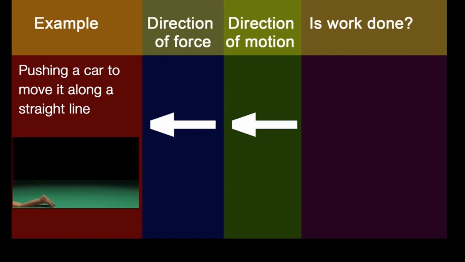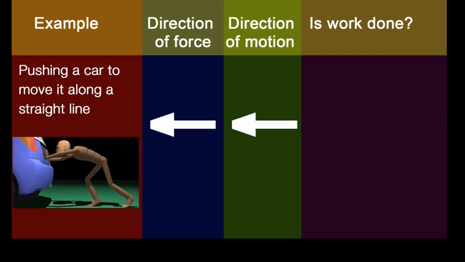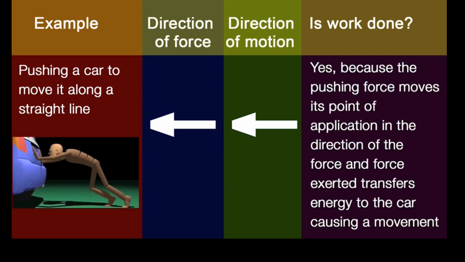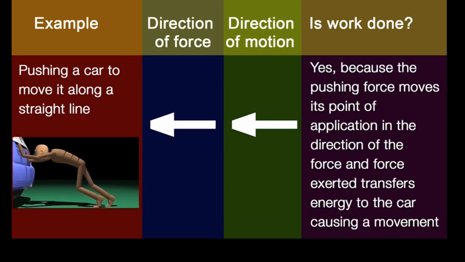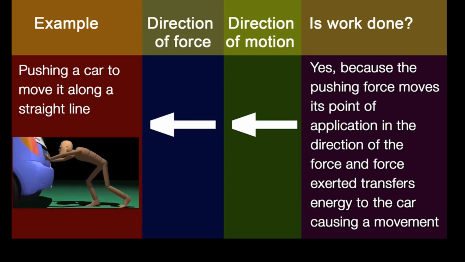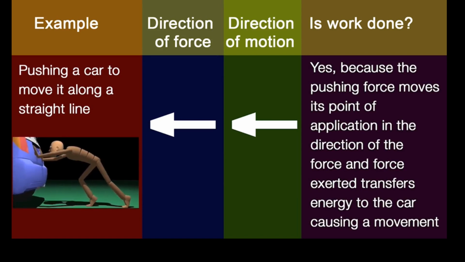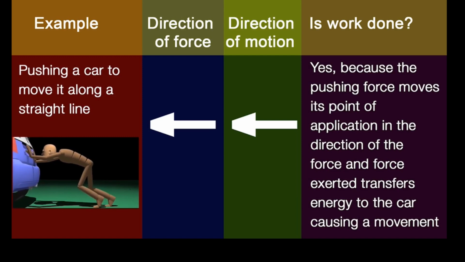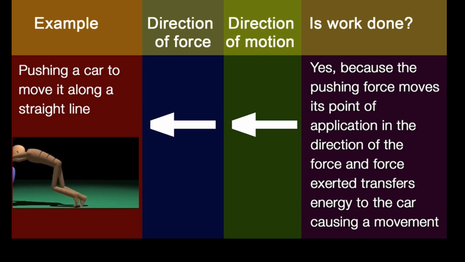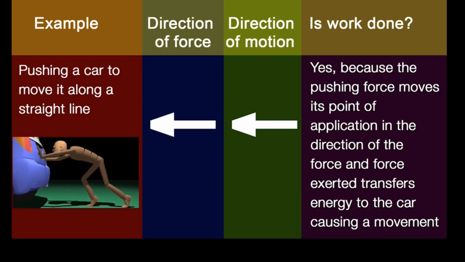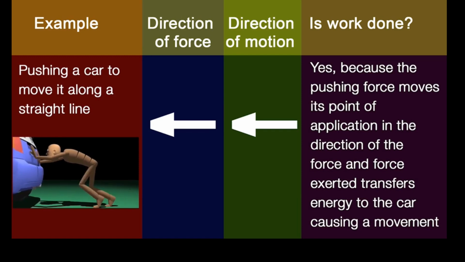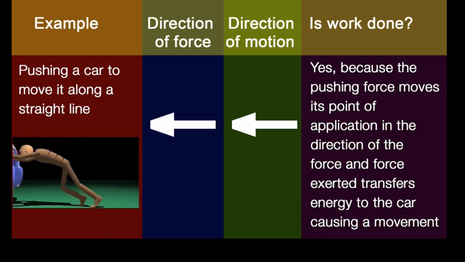Is work done in this activity? Yes, work is done because the pushing force moves its point of application in the direction of the force, and the force exerted transfers energy to the car, causing the movement.